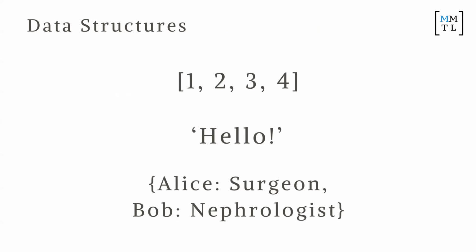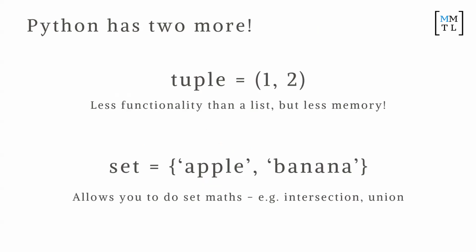All right, now we've completed data structures and we've gone through lists, strings, and dictionaries. But there are other types. So in Python, it also supports 2 other types. The first is called a tuple. So a tuple is recognized by Python as a curved bracket. Okay. It has slightly less functionality than a list, but it requires a lot less memory. So you might see it particularly in production code when you don't need a lot of memory, or you don't have access to a lot of memory.